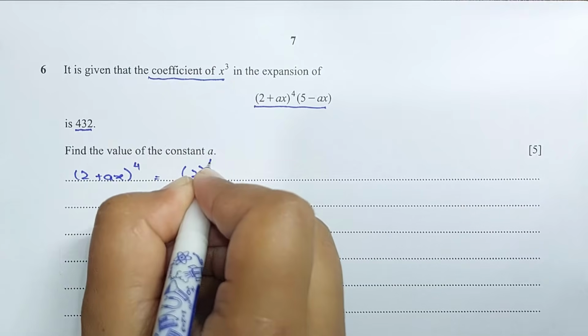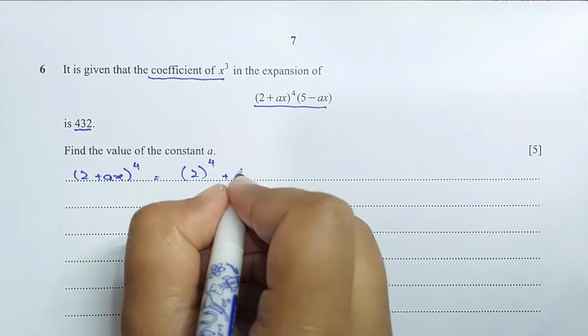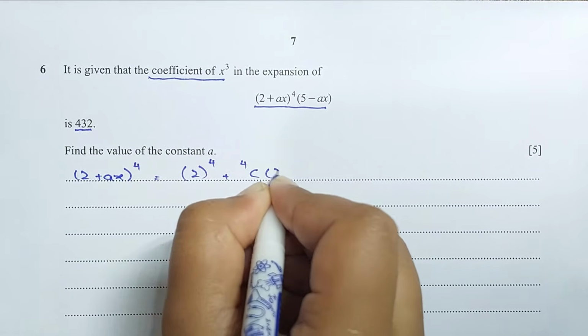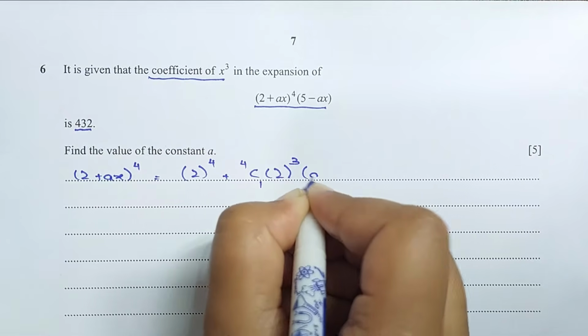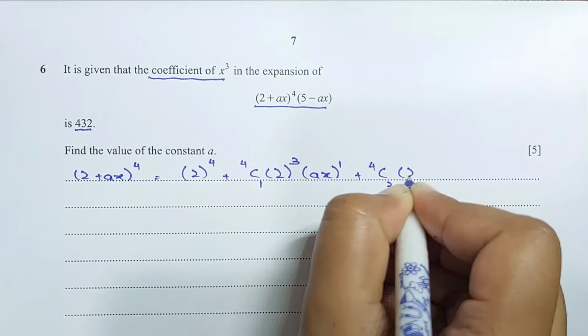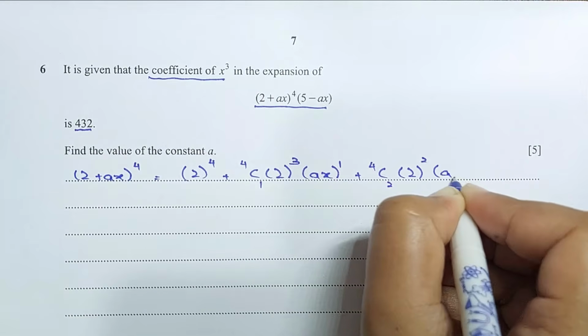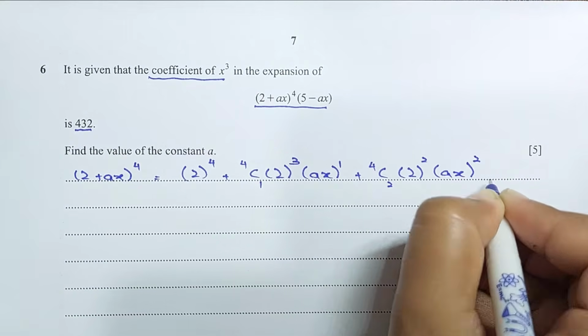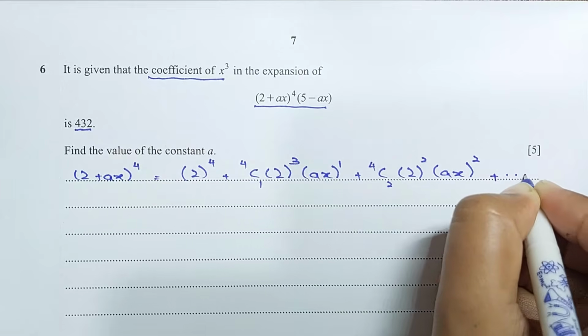So the first term is 2 to the power 4, plus 4C1 times 2 to the power of 3 and ax to the power of 1, plus 4C2 times 2 to the power of 2 and ax to the power of 2, and so on.